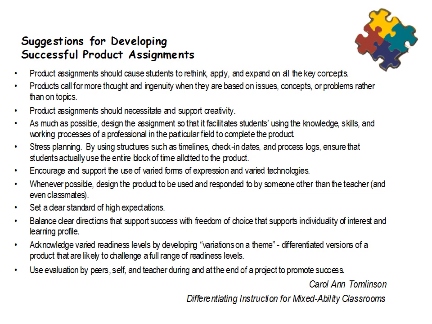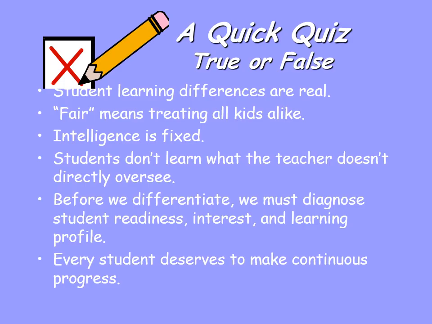Ten, acknowledge varied readiness levels by developing variations on a theme, differentiated versions of a product that are likely to challenge a full range of readiness levels. And last, use evaluation by peers, self and teacher, during and at the end of the project to promote success. By Carol Ann Tomlinson, Differentiating Instruction for Mixed Ability Classrooms.